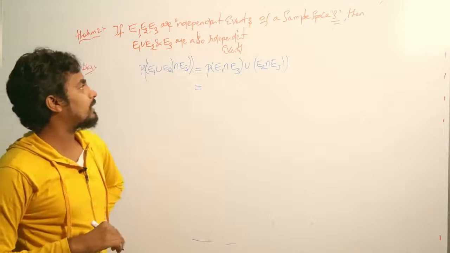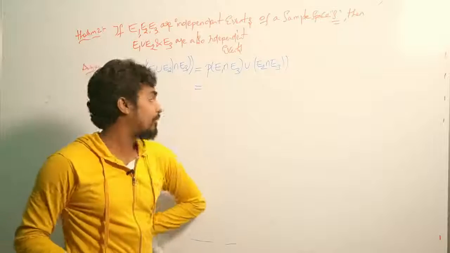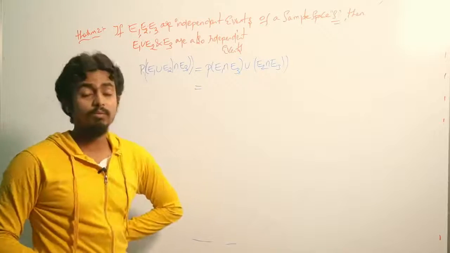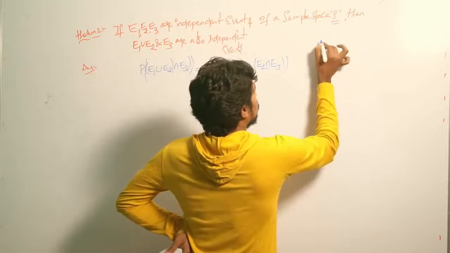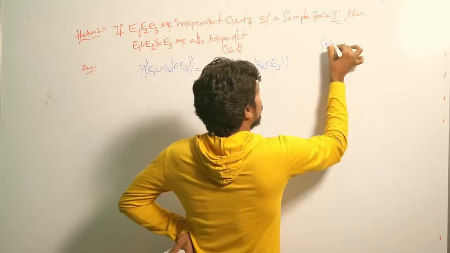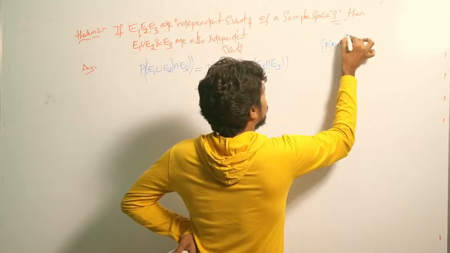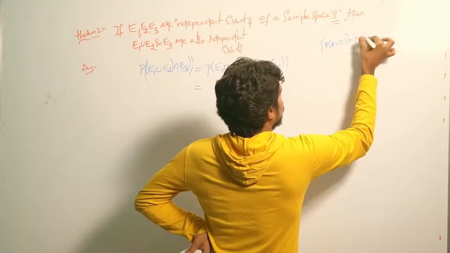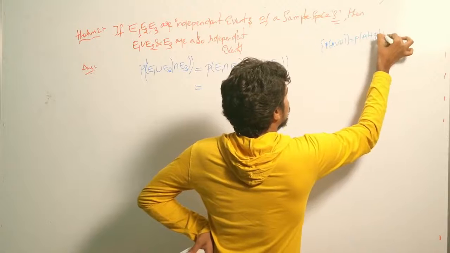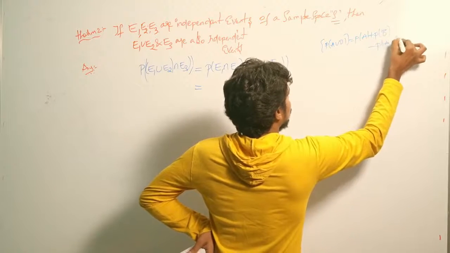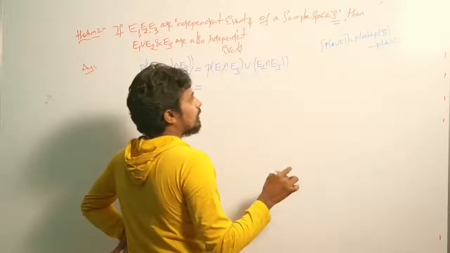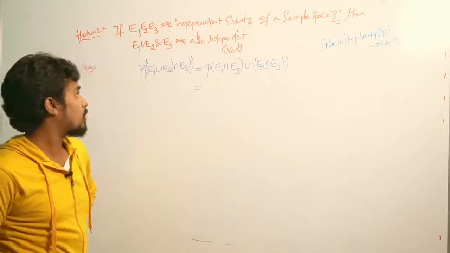if you take this as P of A union B, what will happen? What will be the formula for P of A union B? The formula for P of A union B will be P of A plus P of B minus P of A intersection B. Apply this formula here.